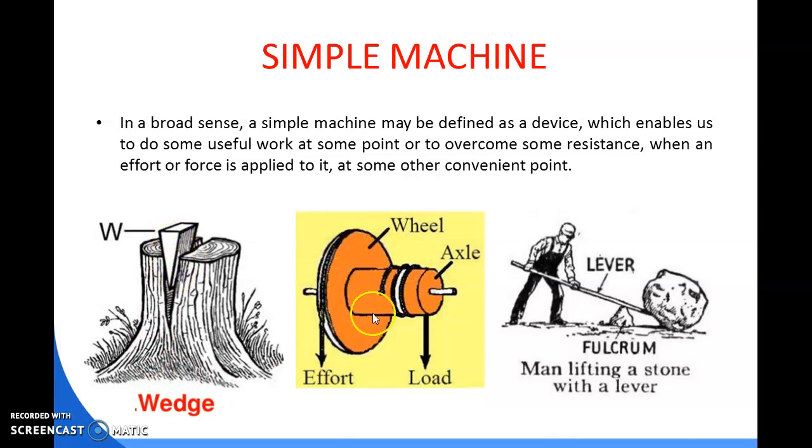Then this is the example of a pulley, and here a man is lifting a stone with a lever. In all these cases, force is applied and some work is done, as we can see in this figure.